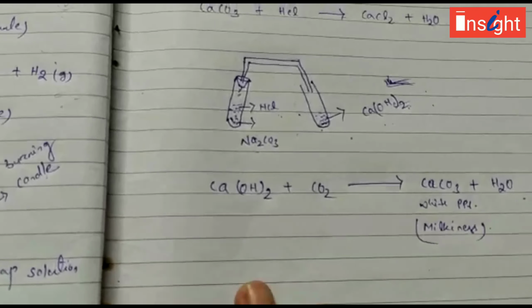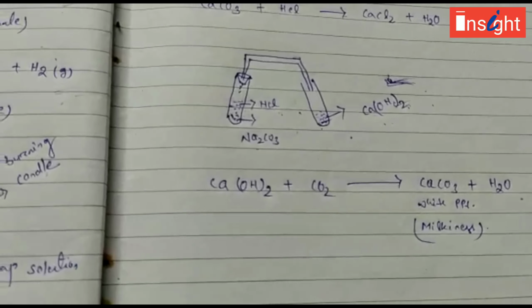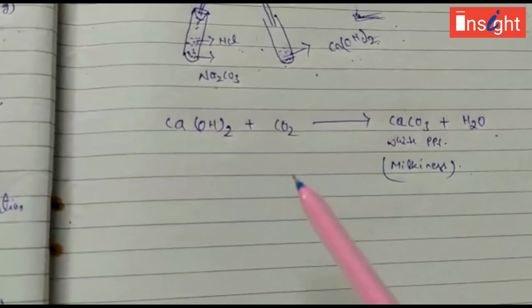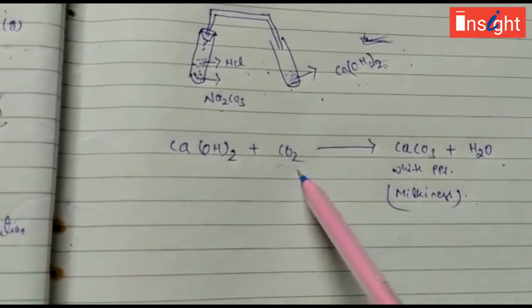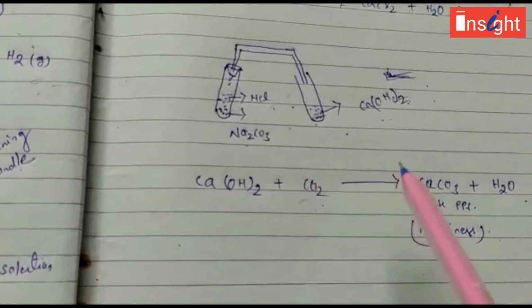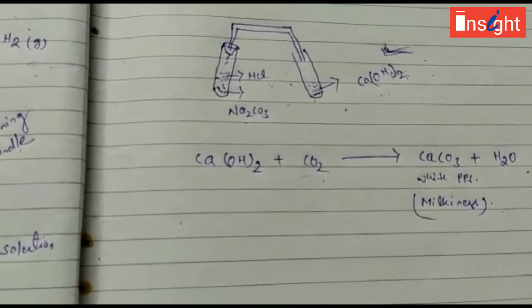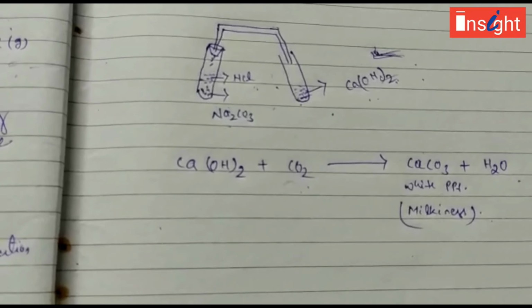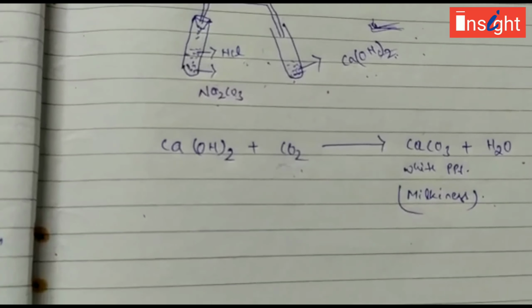If we pass excess carbon dioxide, then this milkiness disappears, because soluble calcium hydrogen carbonate is formed.